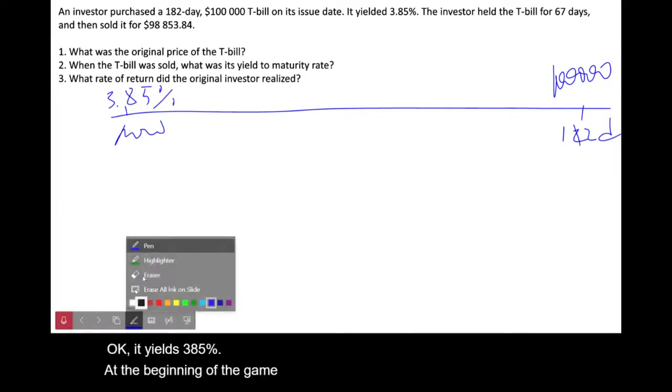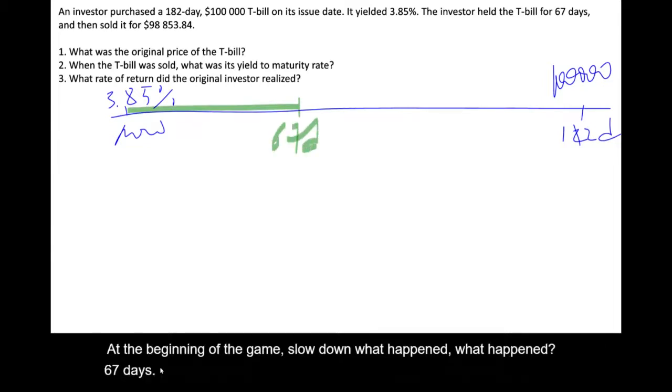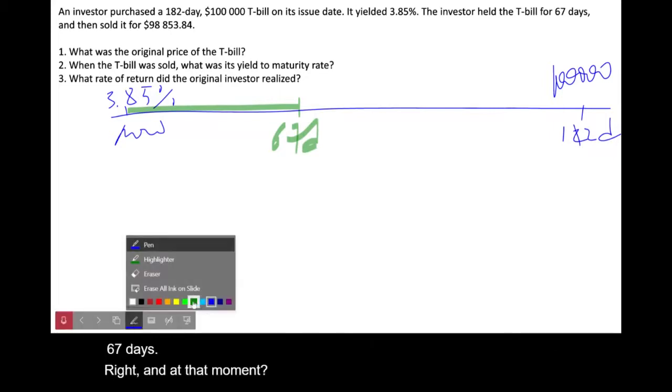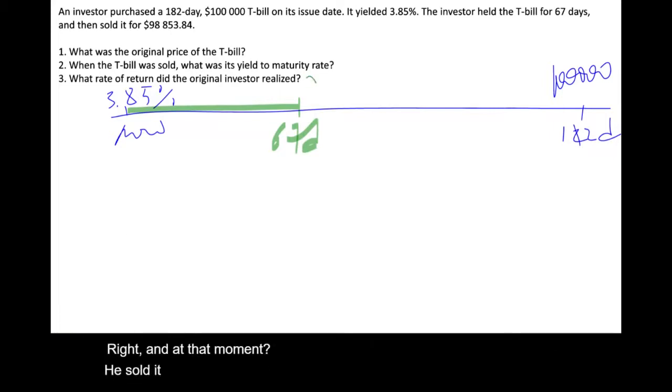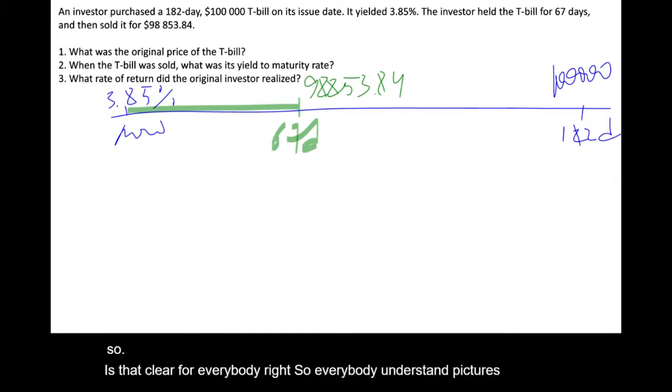Then 67 days pass, and at that moment he sold it for 98,853.84. Is that clear for everybody? Is the picture clear?